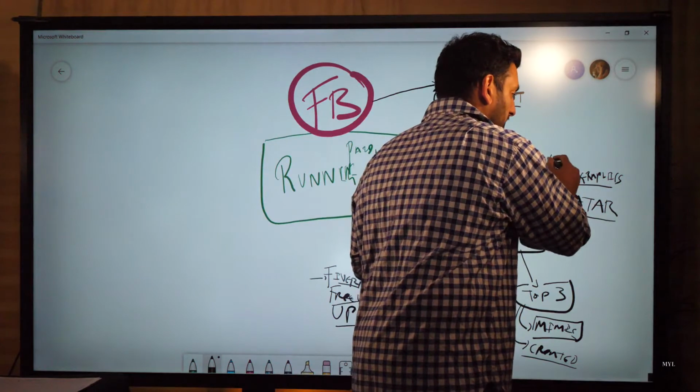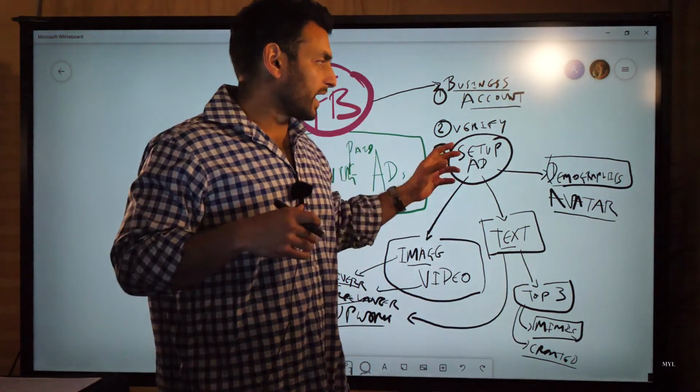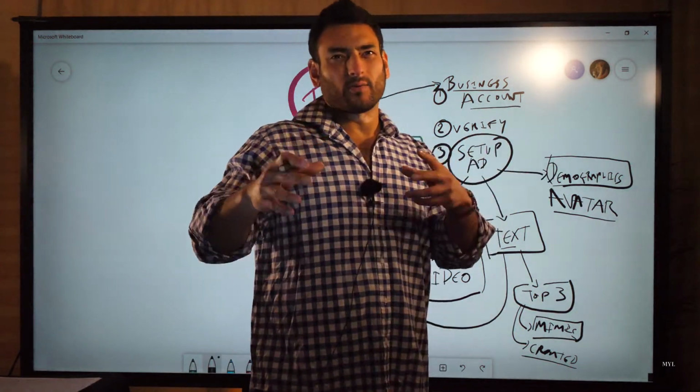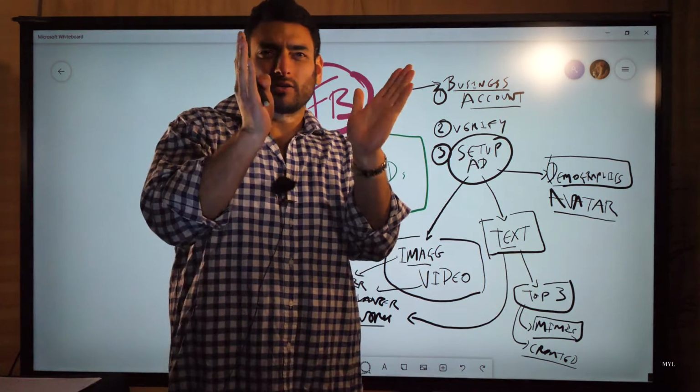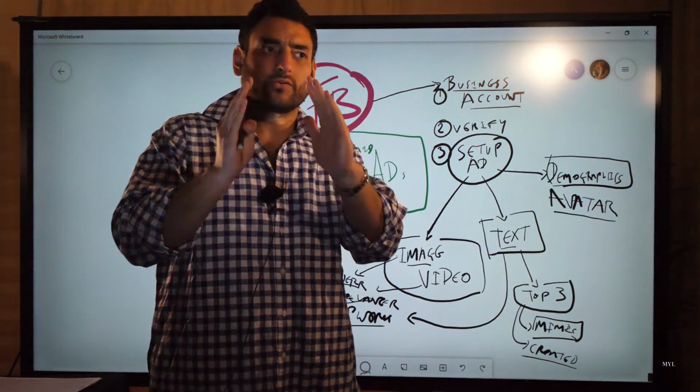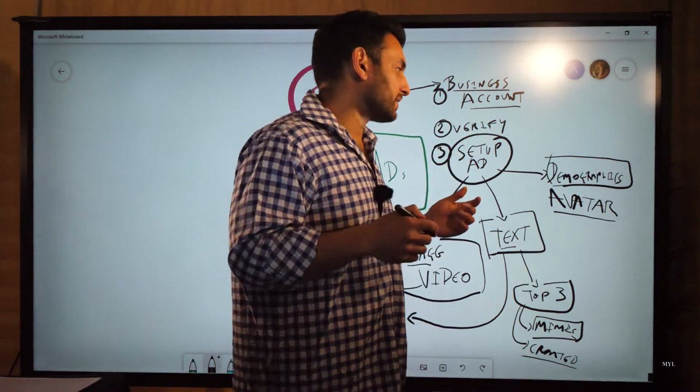Demographics, avatar. Again, this is quite complicated, but the point is that there's a bit of trial and error with Facebook advertising. You've got to go in there, look at the different demographics, then really try and sharpen down on your market. But the point is that this is all possible.